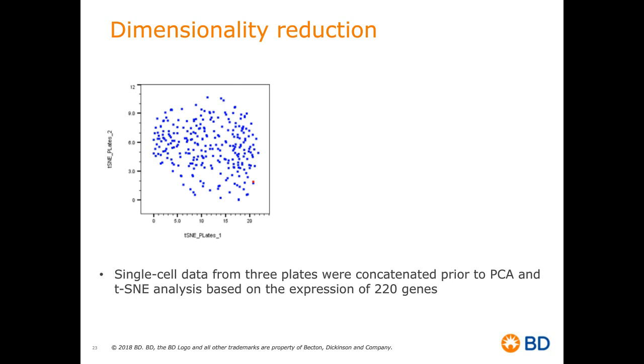We can now reduce the information to a bidimensional plot, as you can see here, where each dot represents a cell, and the proximity of two individual cells is a function of the similarity of their gene expression profiles. So if you look, for example, across the x-axis, cells that are close to each other will have a similar gene expression profile. Cells that are on the opposite end will have a very different gene expression profile.